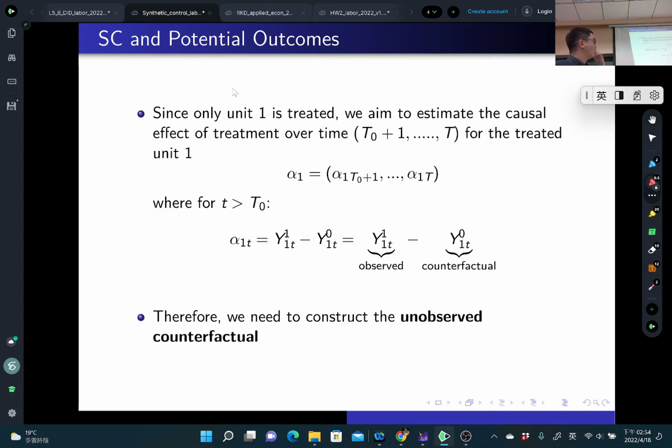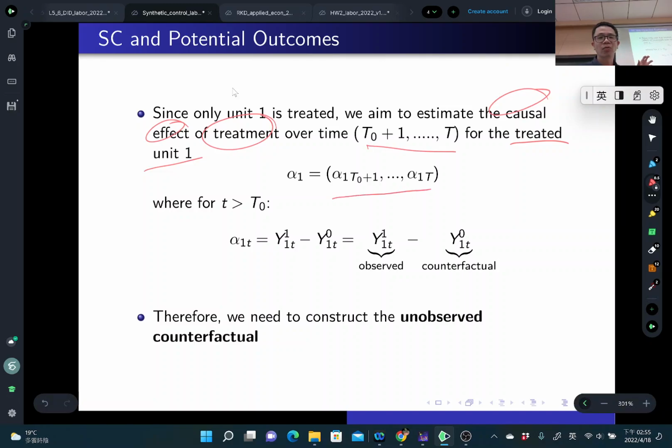And the goal of this analysis is to know the causal effect of the treatment, the policy, on the outcome of treated unit 1 over time. So we want to know the causal effect of the policy on cigarette consumption in California for the period 1990 until 2000, for example.